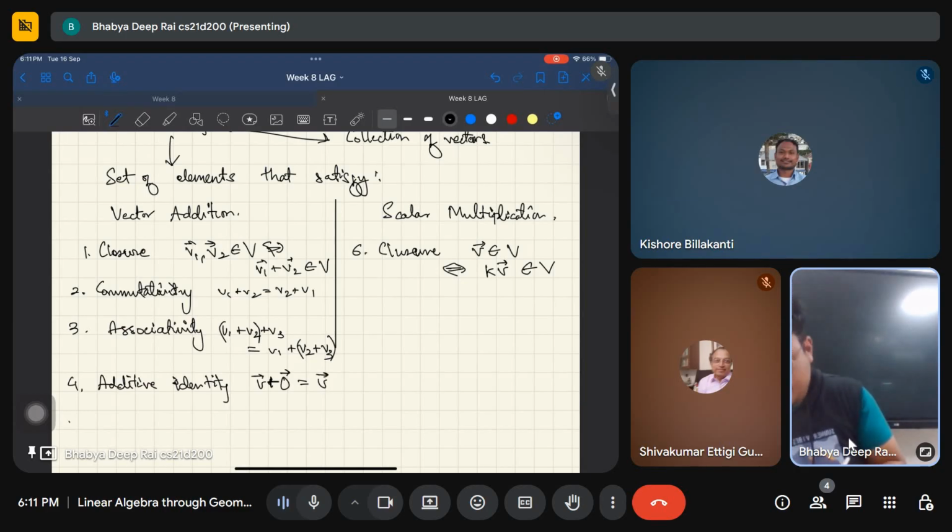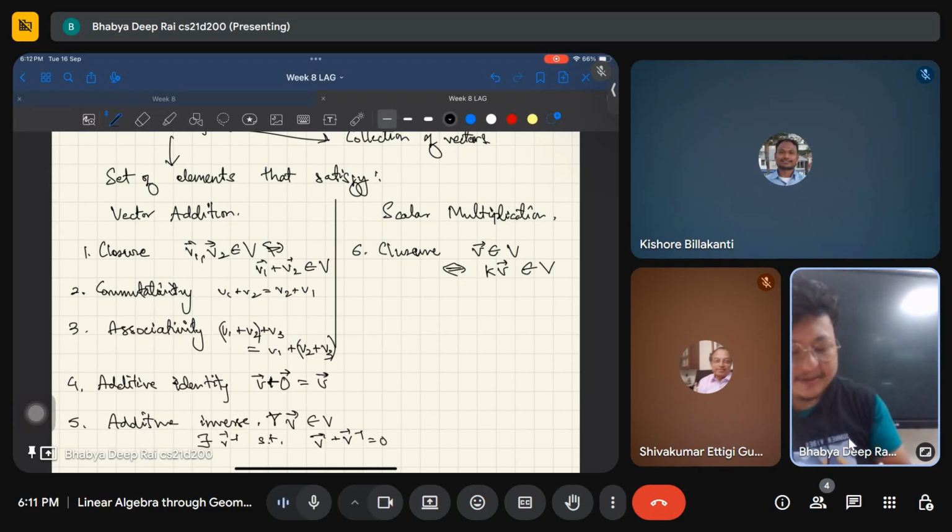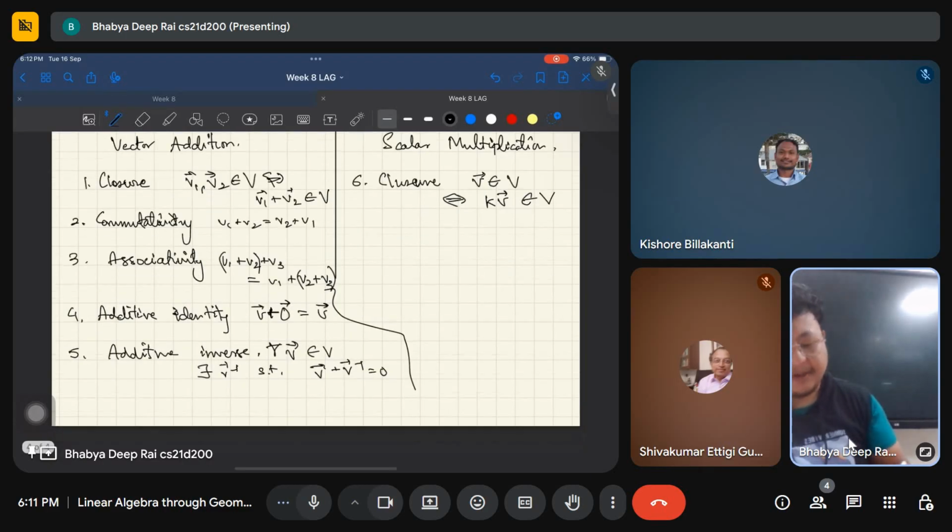Finally, in terms of addition, you have the additive inverse, which is a consequence of additive identity: for any v in V, there exists a v inverse such that v plus v inverse equals the additive identity, the zero vector.